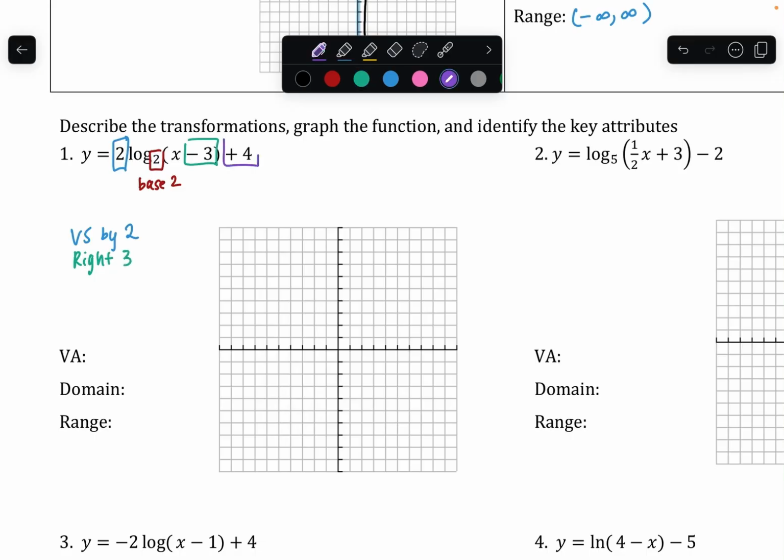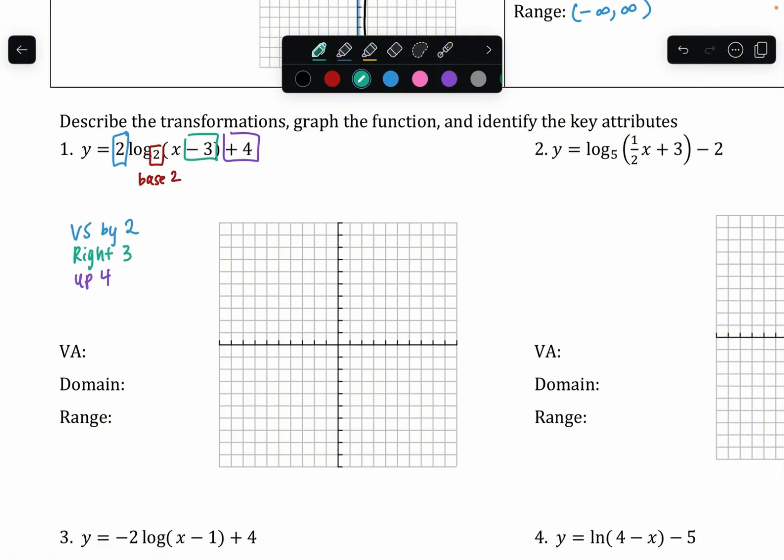And I have an up 4. The only transformations that are going to affect the vertical asymptote are left and right. And so now my vertical asymptote is at x equals 3. Usually it's at 0, but we're moving it right 3.